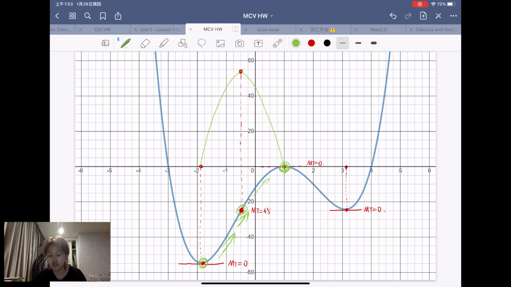Now we can use the same way to draw other lines. From this point to this point, we can see the tangent line becomes negative, so we can draw a point here. It's maybe -20, because the tangent line is negative, so the slope should be negative. And we draw the same here.